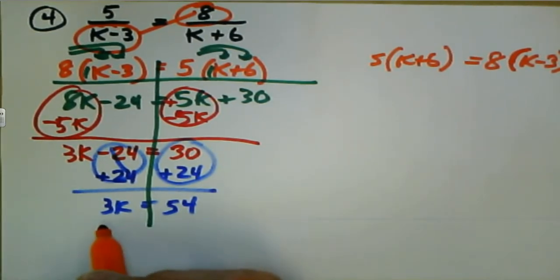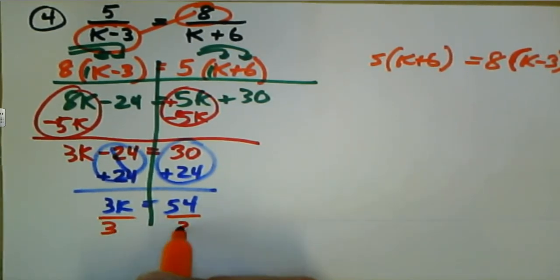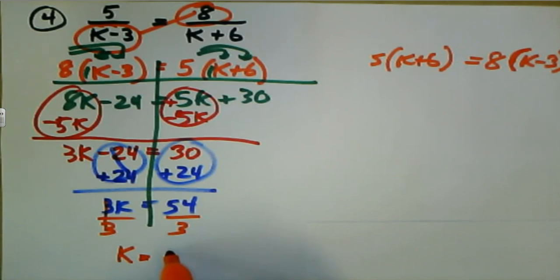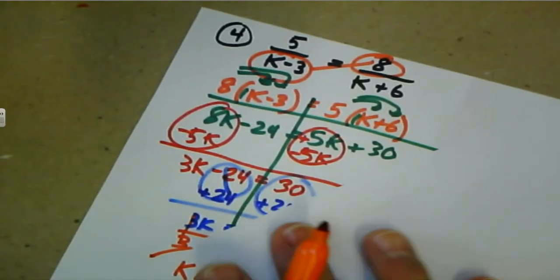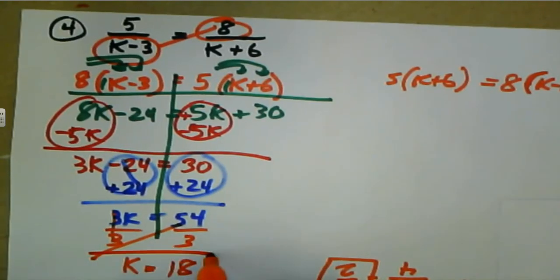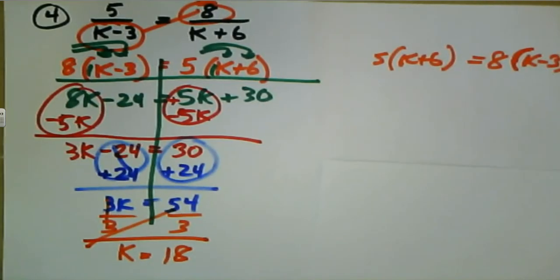All right, so then we will go ahead and do the final step and divide by 3. k equals what? 18 it was? Yep, 18. Whoa. Let's do that. Yeah, 18.